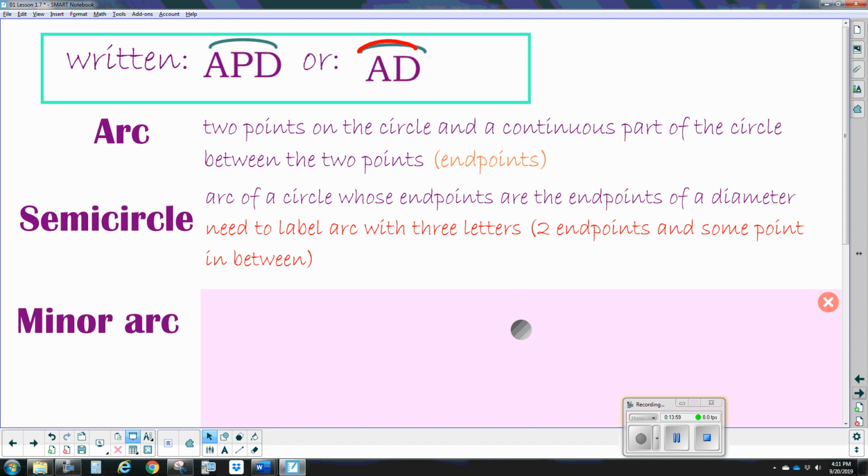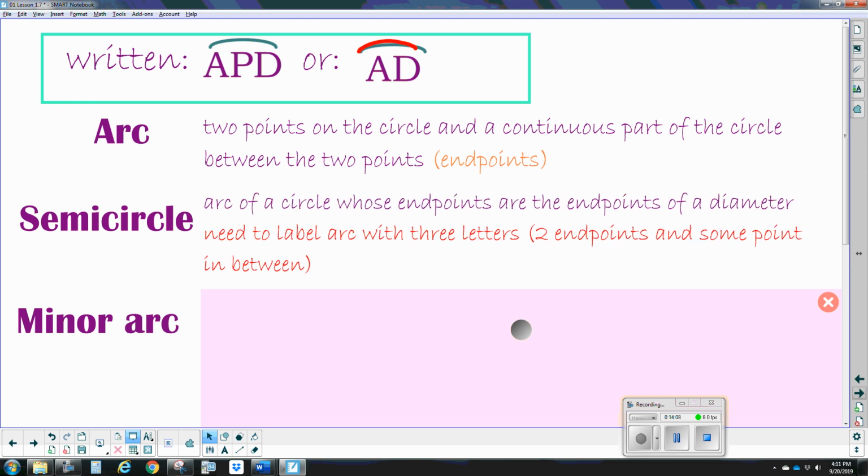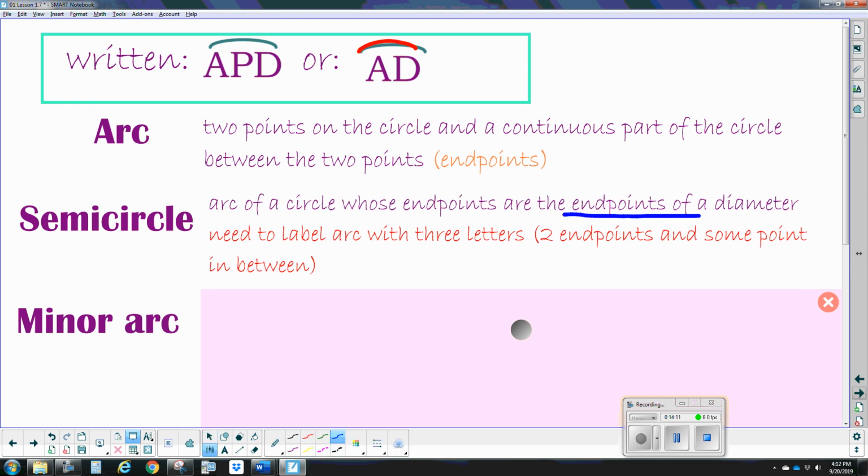Okay, our definition is semicircle. A semicircle is half of a circle, so the endpoints of a semicircle are the endpoints of a diameter. We have to label an arc of a semicircle with three letters. If we only label it with two letters, we may think that we're talking about the diameter.